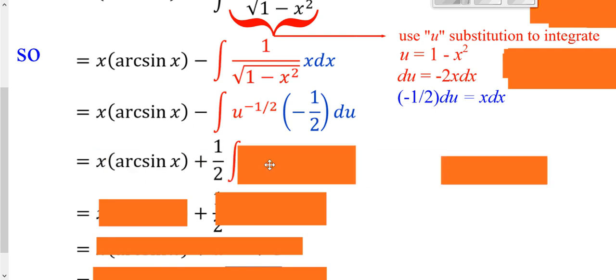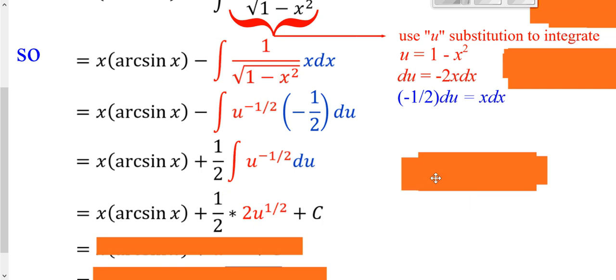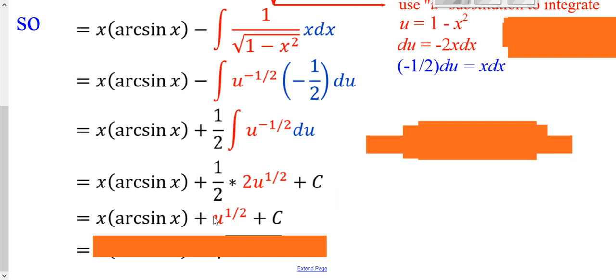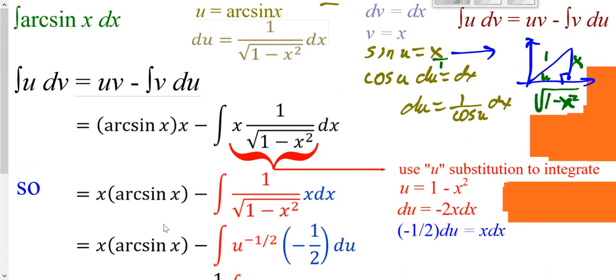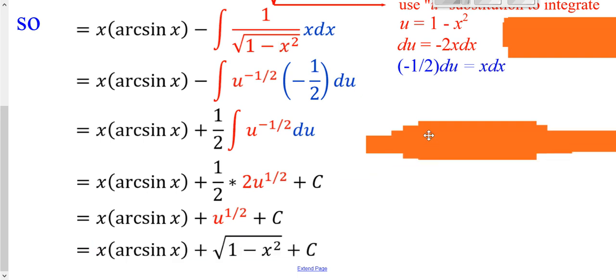So we get +1/2, just the integral of u to the -1/2, which you know is pretty easy to integrate. Increase your exponent by 1. Then you have to undo your exponent by putting a 2 in front. Well, your 2 times 1/2, that cancels. And since we started out with x's, you want to leave your answer with x's. So you'd want to substitute in what u is, which is 1 minus x squared, and you would get this.